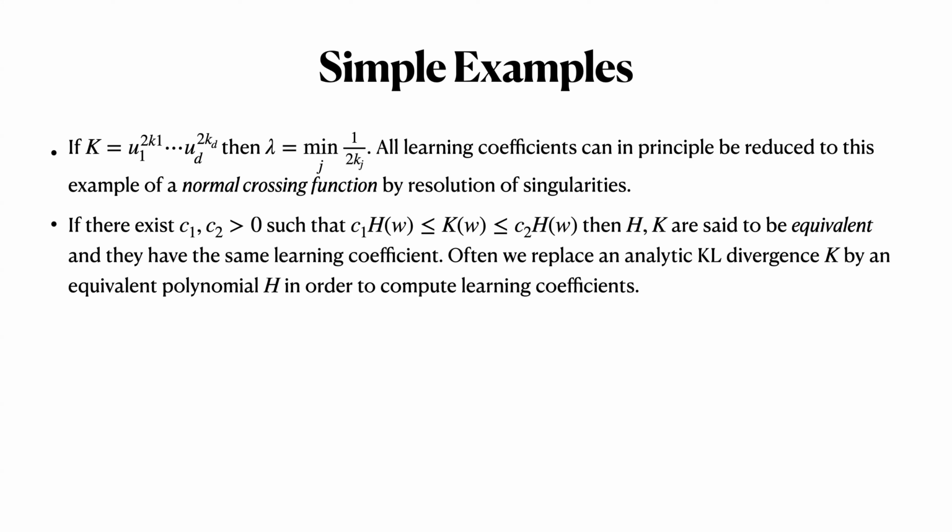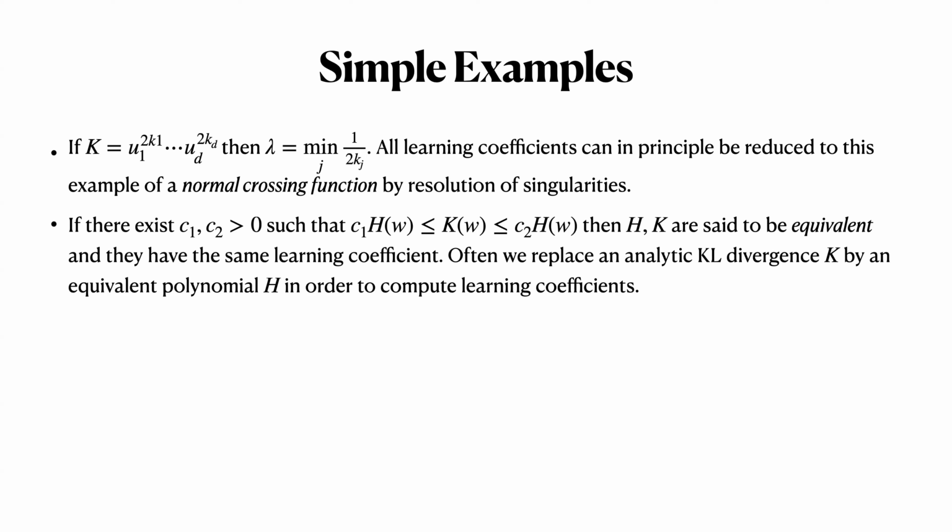Okay, so there are 2 steps involved in computing RLCTs for non-trivial models, like one hidden layer tanh. The first is you start with an analytic KL divergence. You find a polynomial which bounds above and below KL divergence in this way. H is a polynomial.